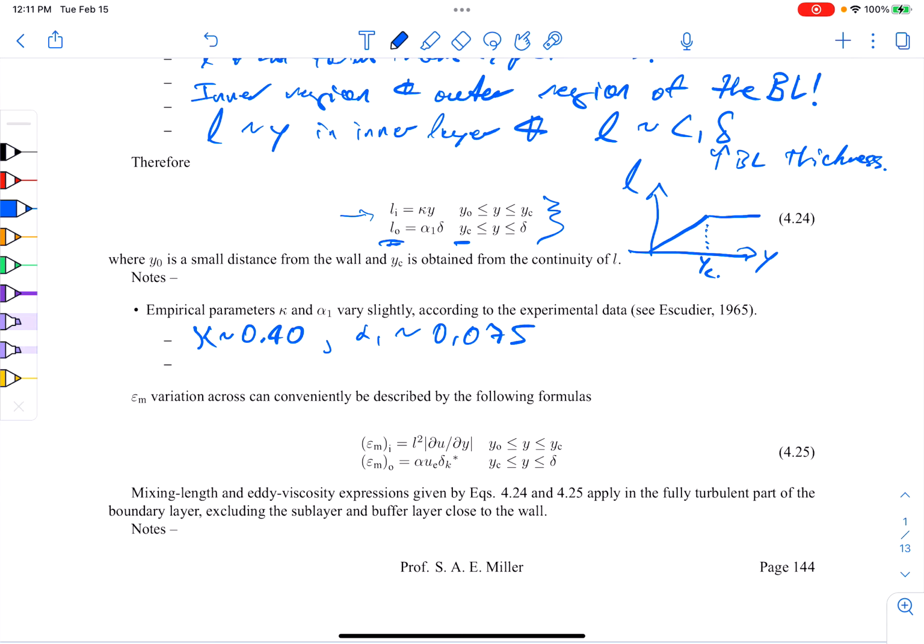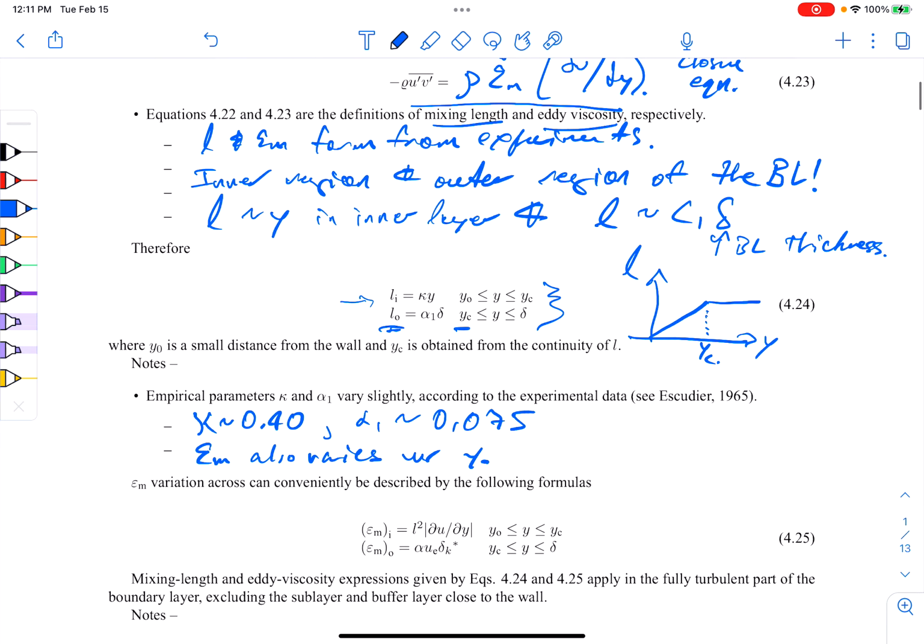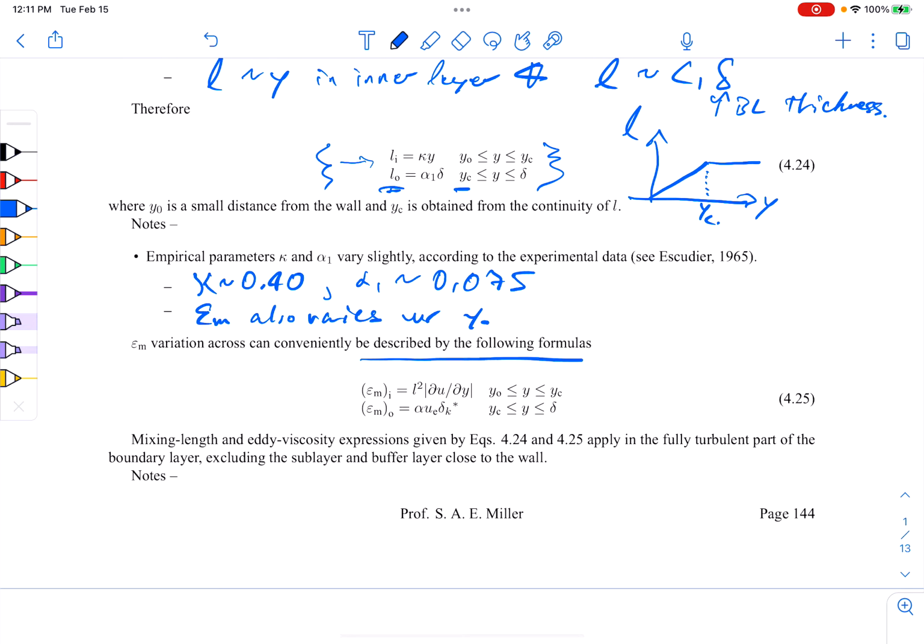Looking at eddy viscosity, epsilon m also varies with y. So this is one empirical model for the length scale. We would expect that epsilon m would also vary with length scale from the wall. So this is another set of empirical formulas, and it looks very similar, except now we have an outer and inner eddy viscosity, this one in the inner layer, and this one in the outer layer. This follows some of the graphs we've shown previously.